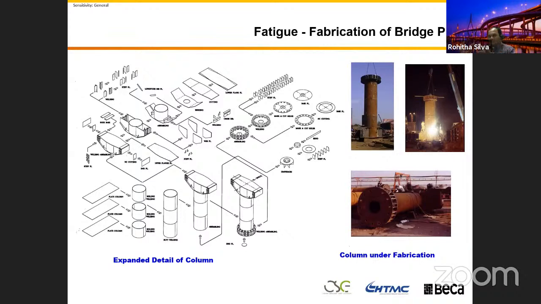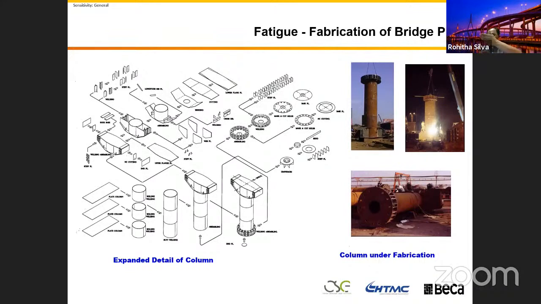Then, once you know the stress variation, depending on the type of the bridge, we discuss this later when we go to bridge design, you can calculate from the design standard the number of stress cycles corresponding to the particular road type. So you get that number and you go to the design standard. Depending on the type of welding, it may be a butt weld of your plate, which will be subjected to axial stress.